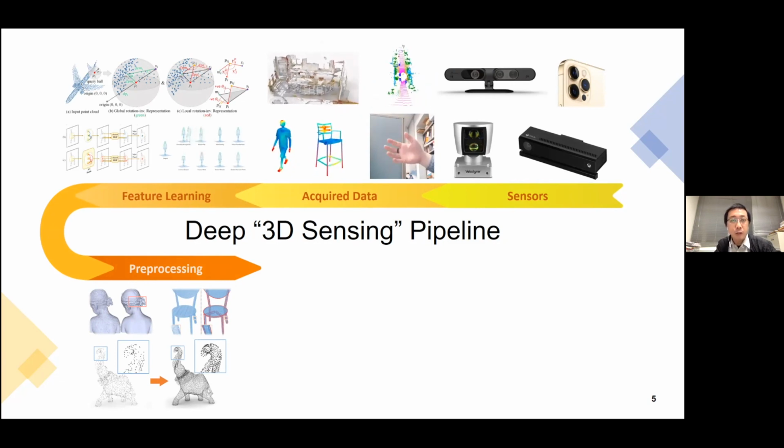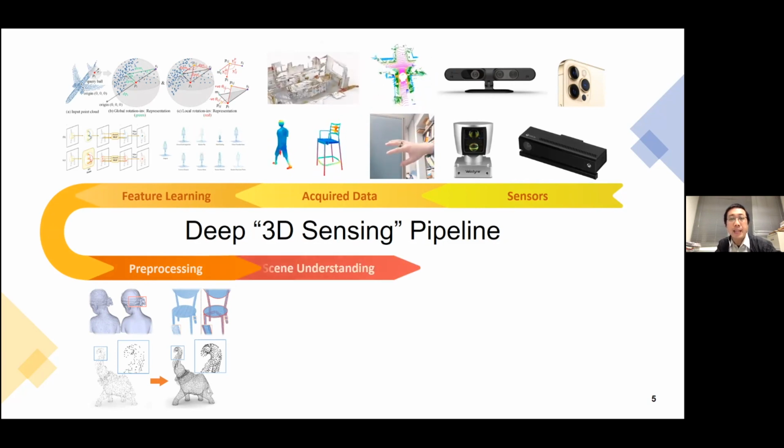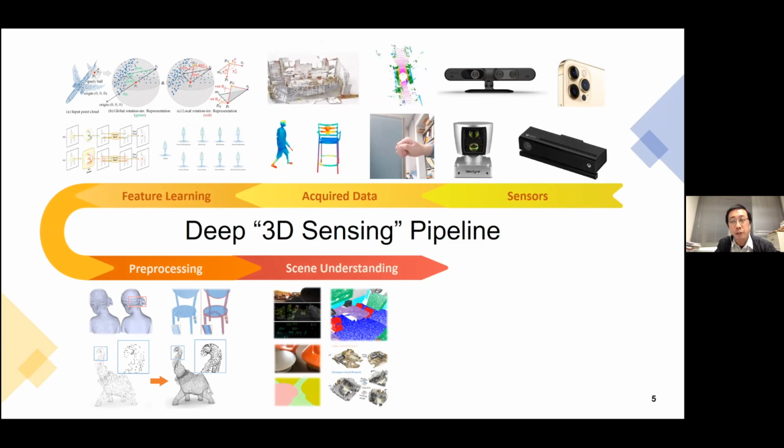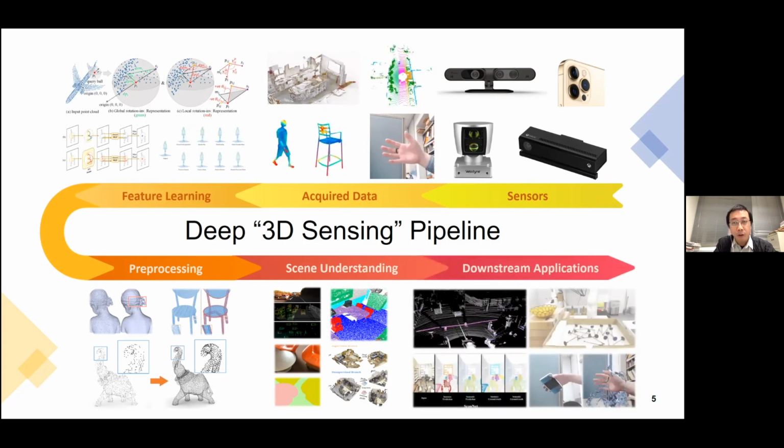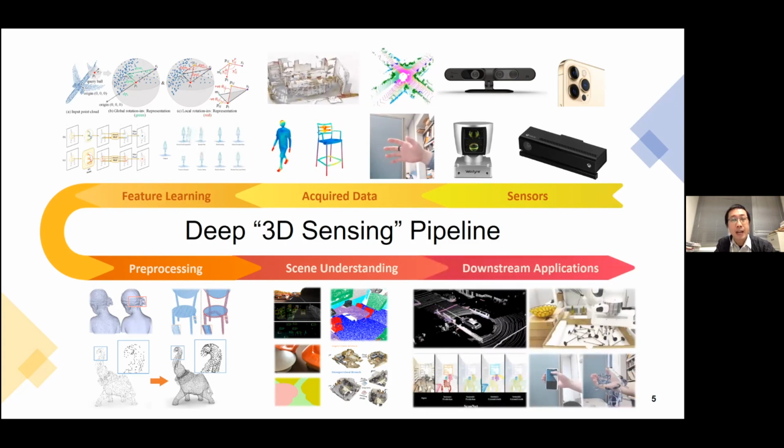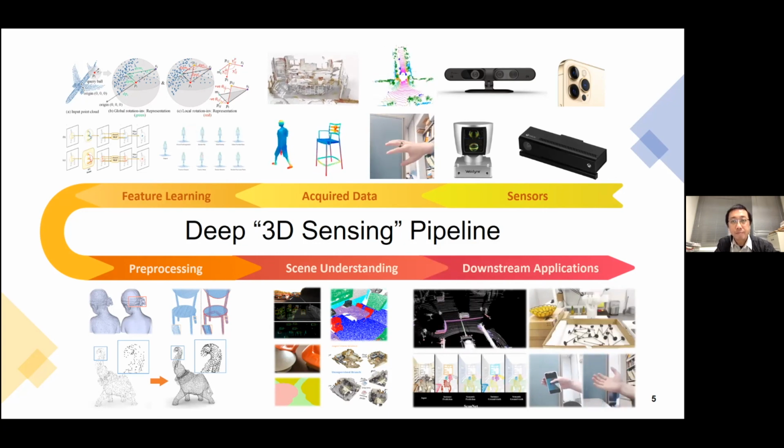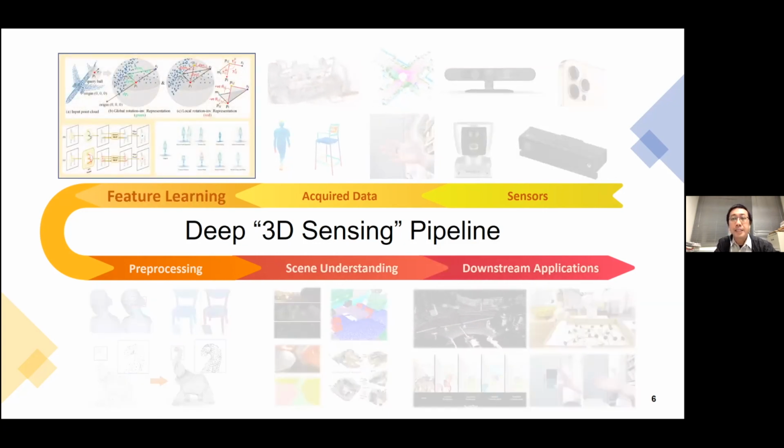After that, we can process the data and extract high-level 3D structure or 3D information out of the data, for example, for the purpose of object localization and object segmentation. Then based on this kind of high-level information, we are able to support or enrich a wide variety of downstream applications. So let's look at each of these 4 components in the pipeline one by one.